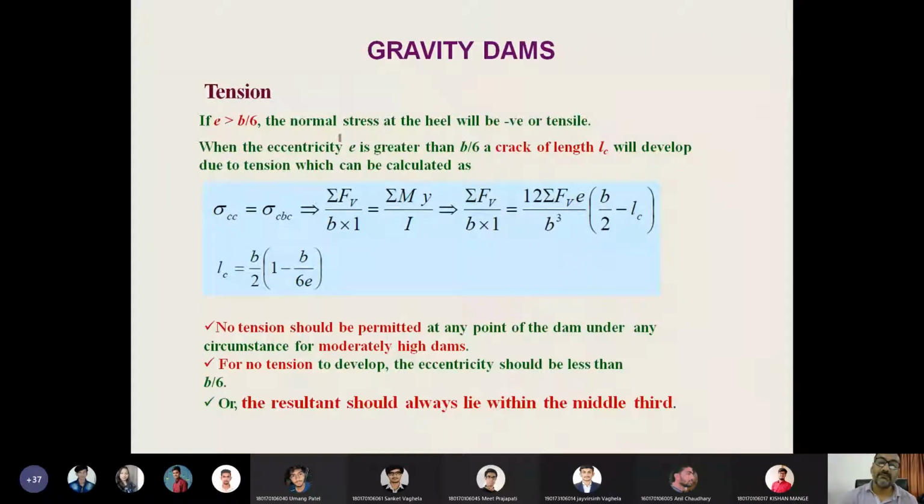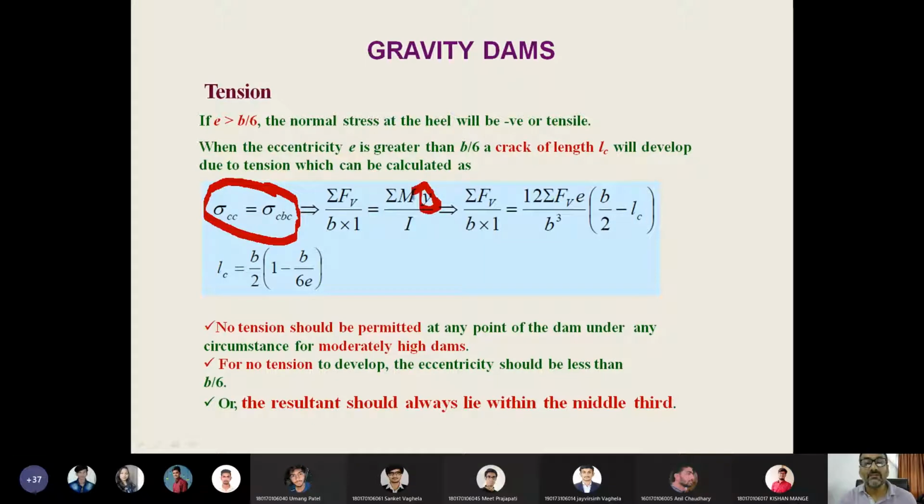Tension will develop at the heel, and the length of the tension crack generated at the heel, LC, can be calculated by taking this condition. To develop the tension crack, we are making the direct stresses and bending stresses equal, and we are putting in the values.